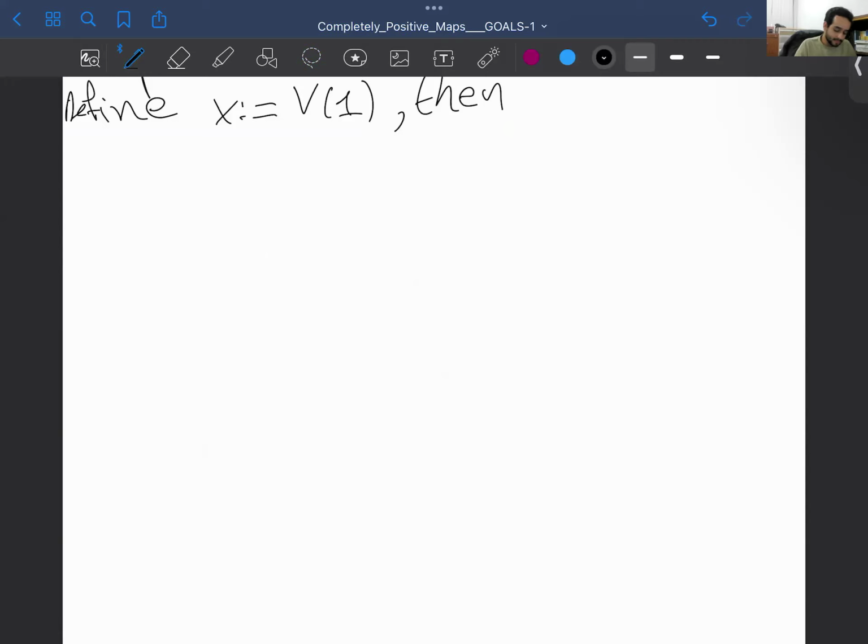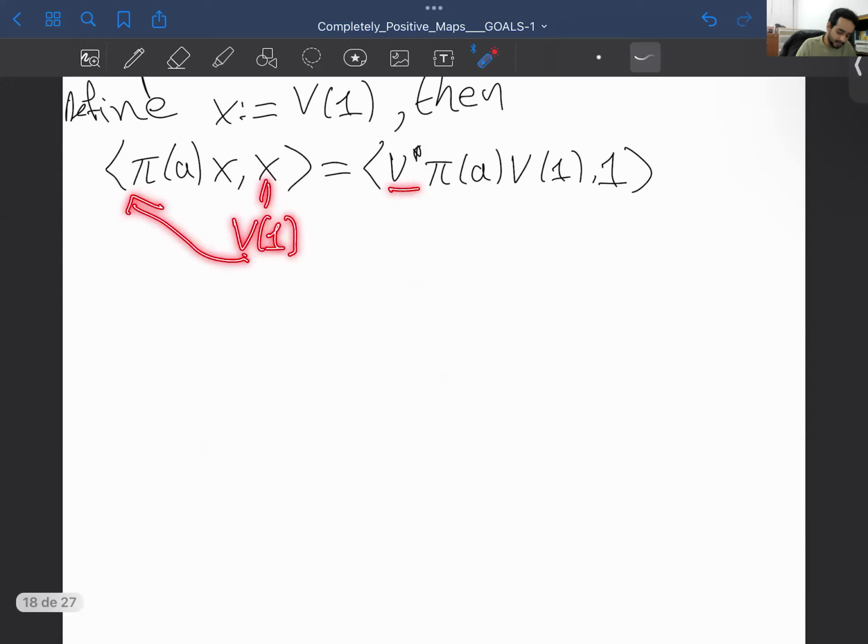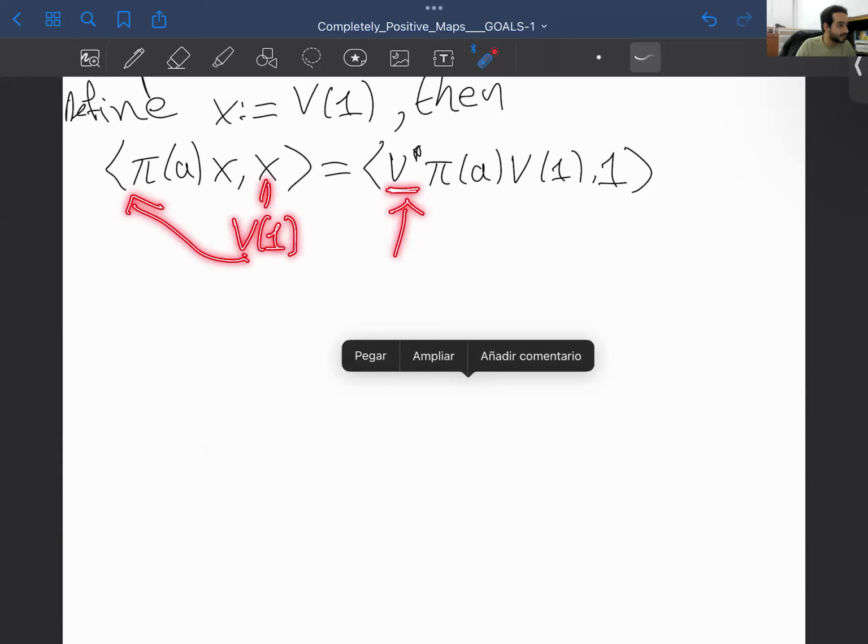And moreover, if we consider P of A on X, dot product with X, by definition of X, that is P of A V star V on one. So I'm just writing X as V1 and moving it to the other side. That's why we have V star.